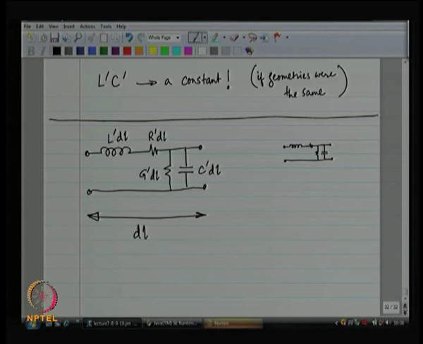So, this is my model for a wire. It is a cascade of a lot of these sections. Each section has its own inductance, resistance, capacitance and conductance.